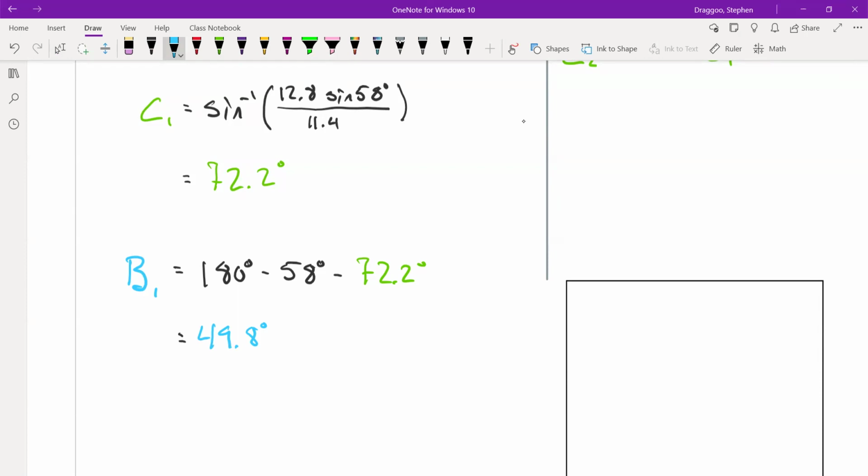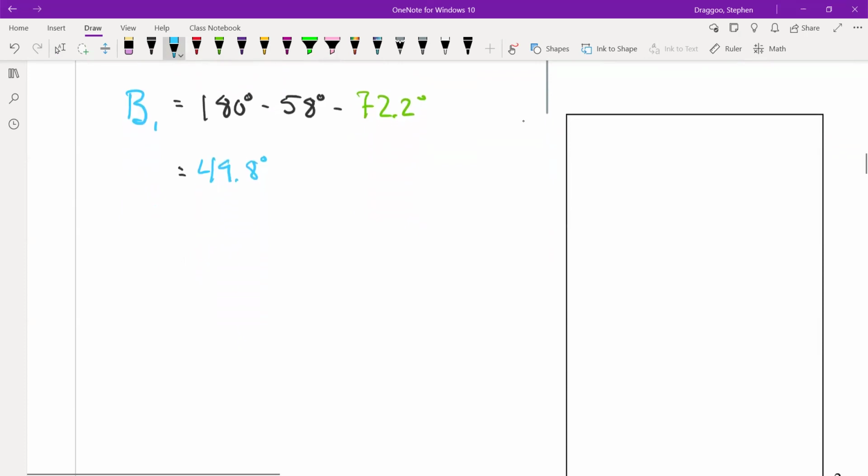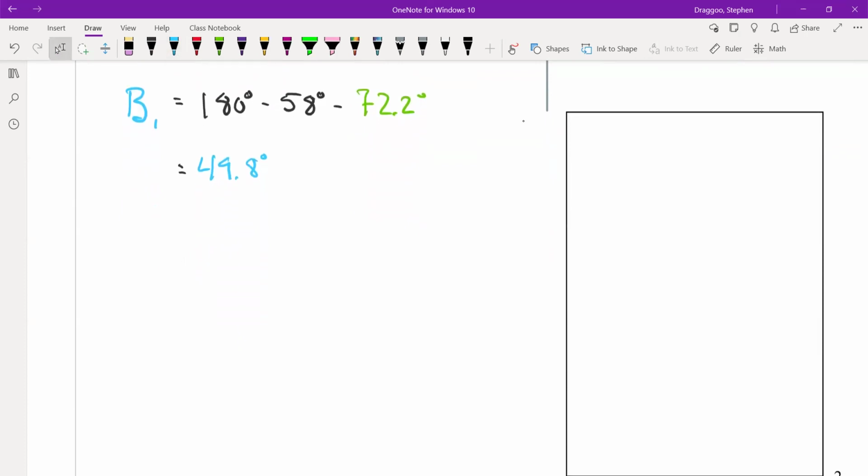And the last step, solve for side B1. Probably still easiest to use the law of sines here. So I'll say B1 over the sine of 49.8, set equal to the given information, which was A, 11.4 over sine of 58 degrees.